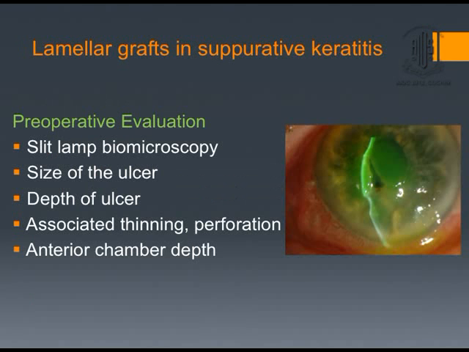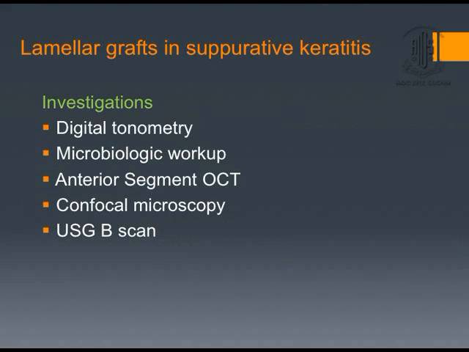Preoperative evaluation consists of slit lamp biomicroscopy to know, very importantly, the depth of the ulcer, associated thinning and perforation, and the anterior chamber depth. It is important to do the microbiologic workup, and if available, an anterior segment OCT can be done to know the depth of the ulcer.